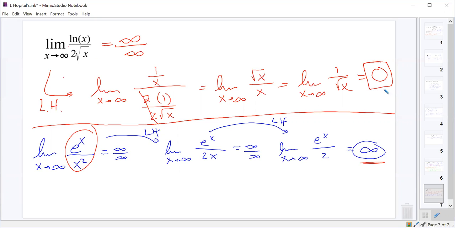And that's why this goes to 0. The denominator gets bigger faster than the numerator, so the denominator is always bigger than the numerator, and that's going to tend towards 0. If the numerator increases more quickly than the denominator, it's infinity. If the denominator increases more quickly than the numerator, it's 0.